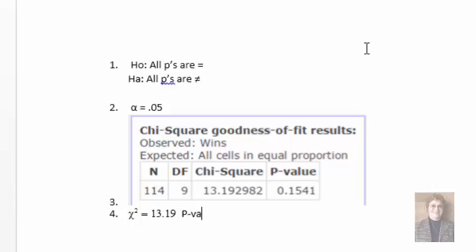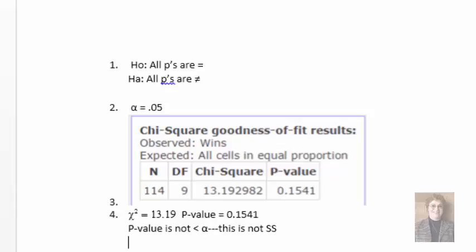My p-value equals 0.1541. And in step 4, my p-value is not less than alpha, so therefore this is not statistically significant.